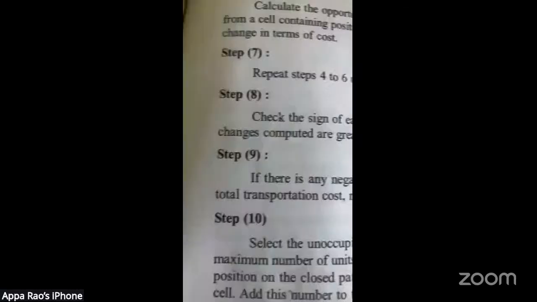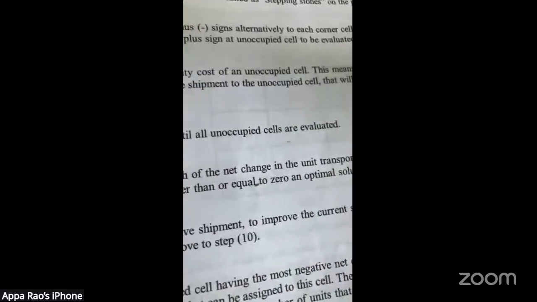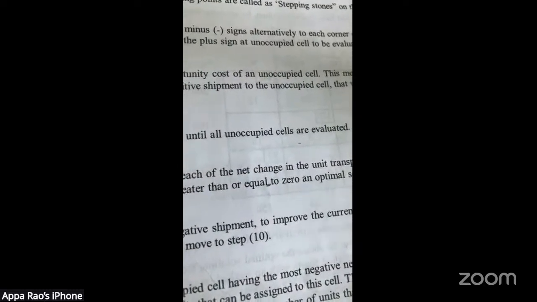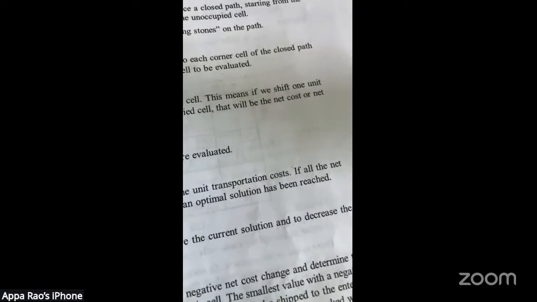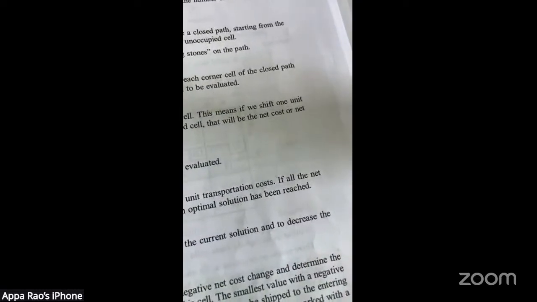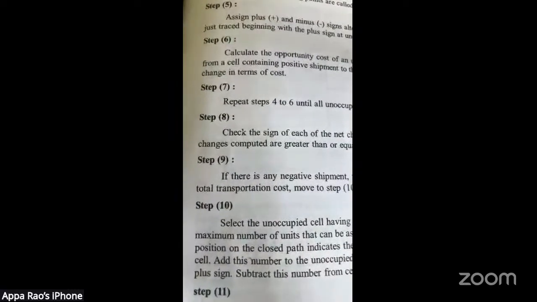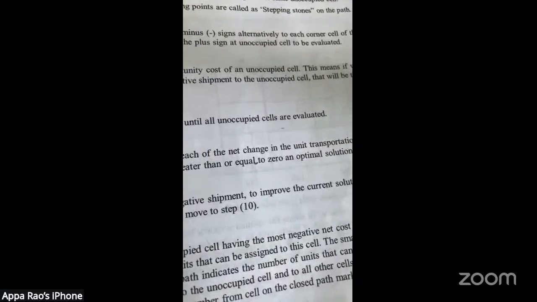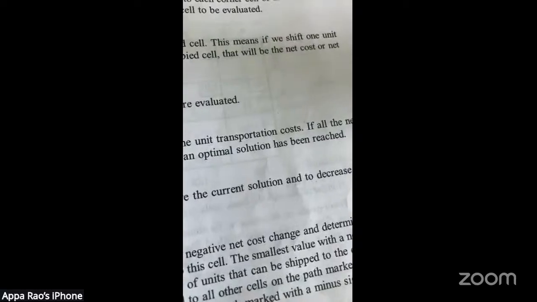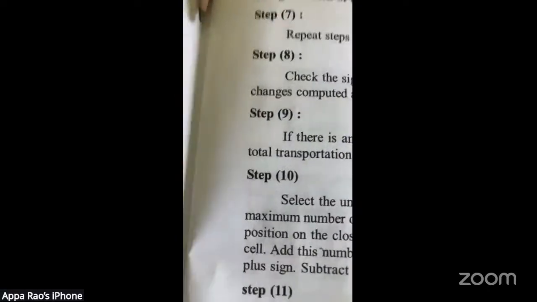If all the net changes computed are greater than or equal to 0, an optimal solution has been reached. Step 9. If there is any negative value, to improve the solution and decrease the total transportation cost, move to step 10.